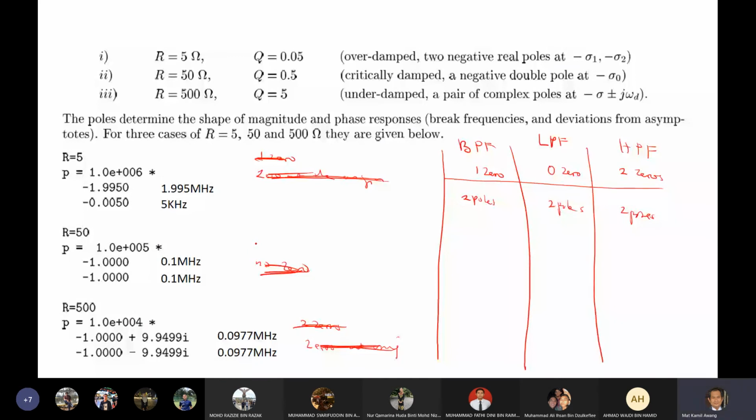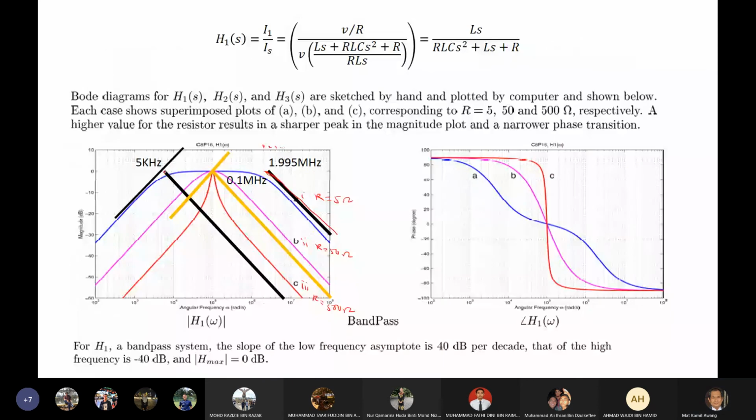Okay, here you have this and this. This line is basically 20 dB per decade, and this also 20 dB per decade. And remember, for the band pass, you have 1 pole, right? 1 zero at the origin.